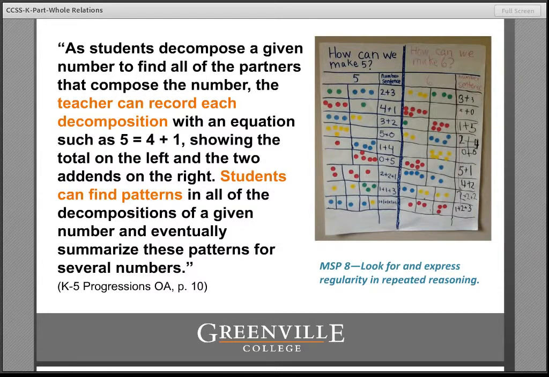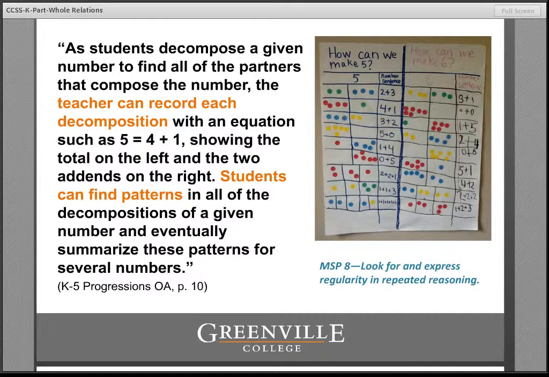In the case of 5, the children had already been through an activity where they were trying to find all the different ways in which red apples and green apples could be combined in packages of 5. And so they had been through that task, and then afterwards they had already an idea of, thinking about 2 parts making up a whole in the context of apples.